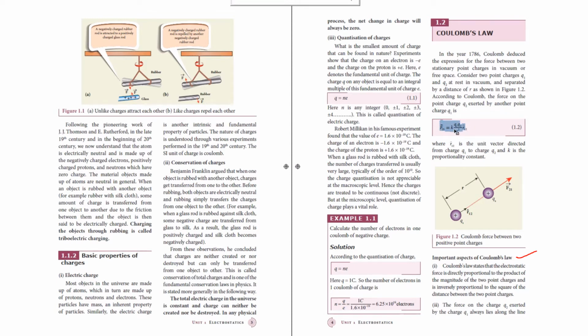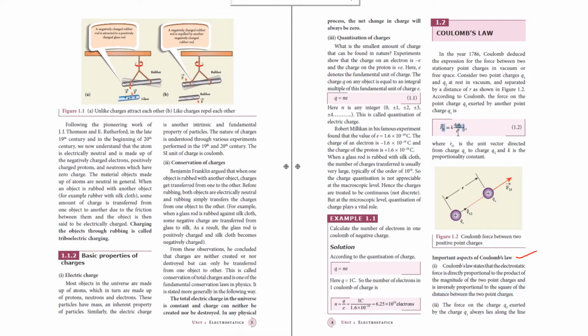What does this equation say? The force is directly proportional to the product of the charges, Q1 into Q2, and inversely proportional to the square of the distance between the two point charges.